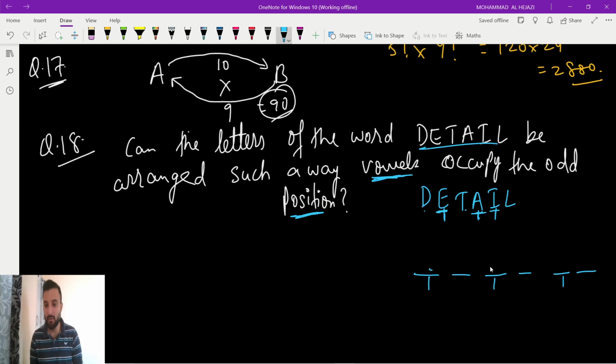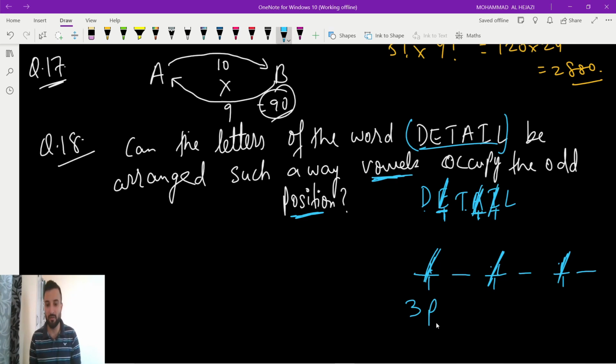It is a permutation only, and we don't have any selection here. So in these 3 odd places we will arrange the 3 vowels.